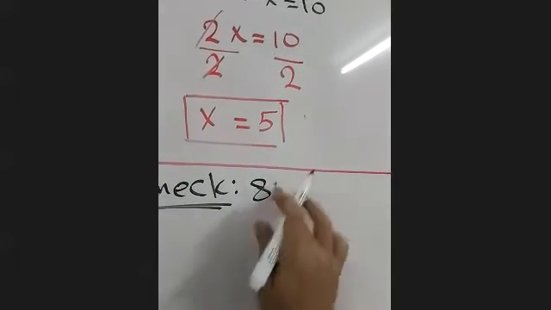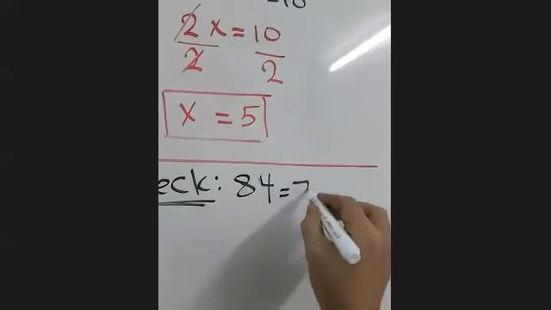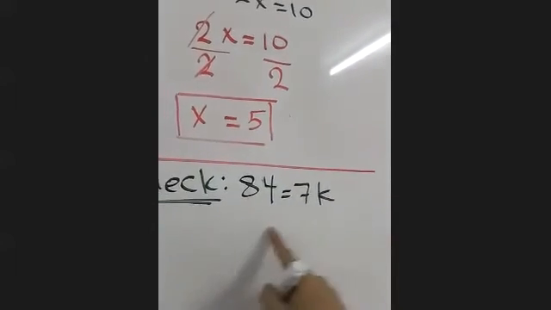Yes, mister. Read: solve 84 equals 7k. 84 equals 7k. Okay, how do we do this?